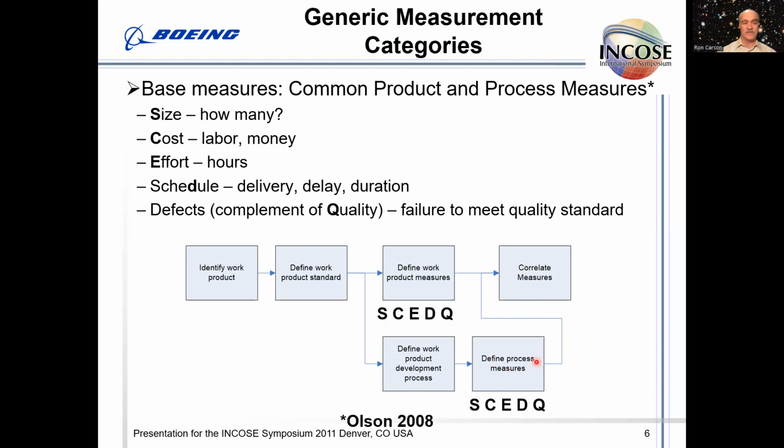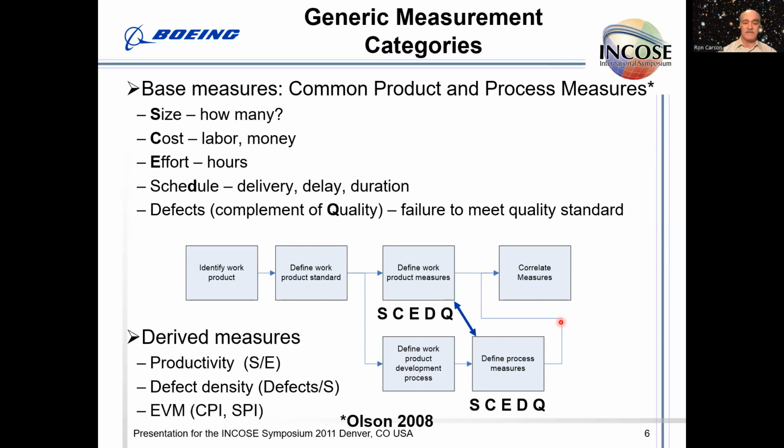So the focus of the rest of the paper is on what can we define in terms of correlation, what can we define in terms of work product measures that correlate with process measures so that we might be able to de-emphasize work product measures and rely on process measures and have confidence that the process measures will be a strong predictor, strongly correlated with the product measures. If we can't do the correlation, then we have to use the product measures to assess the work products.